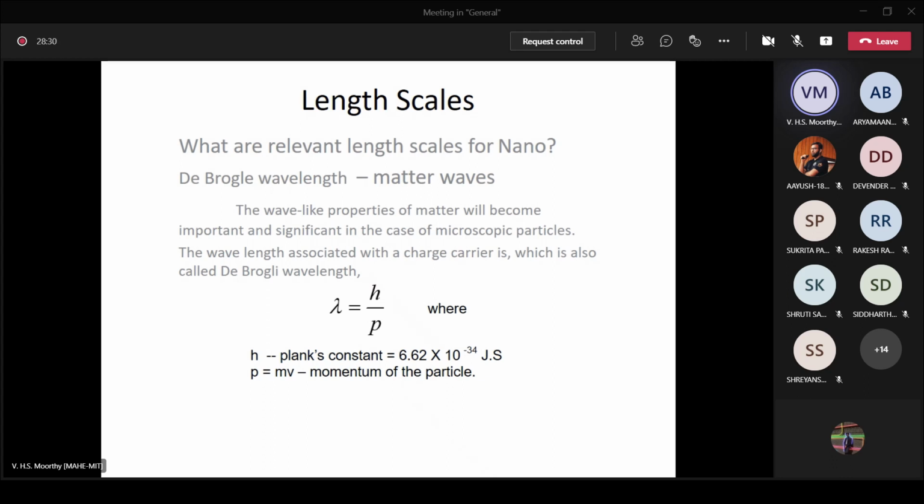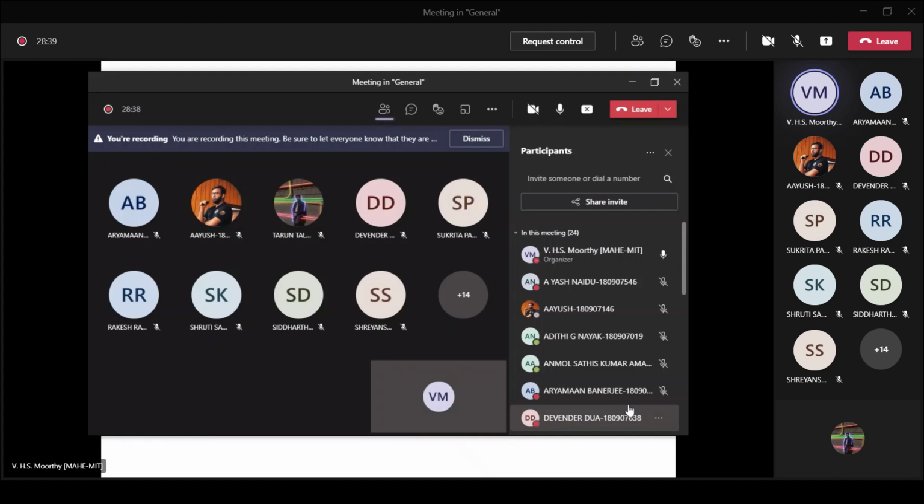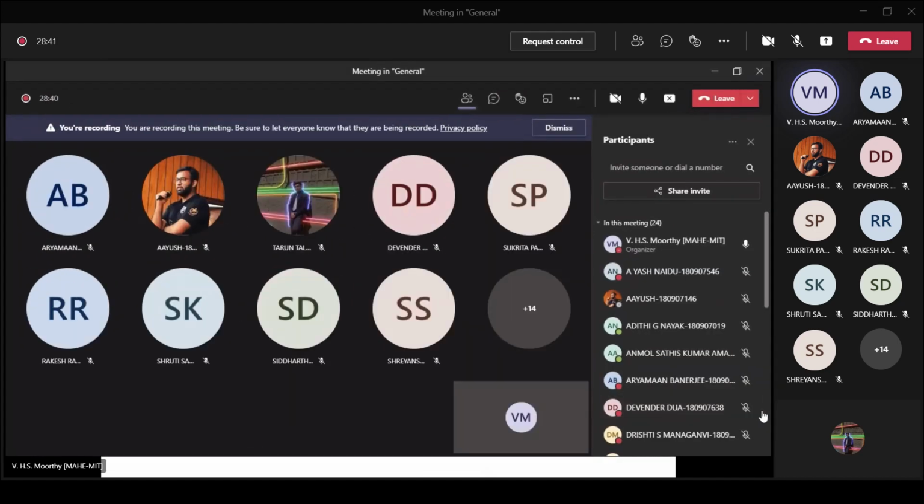If you take silicon, for example, and put some light energy on the semiconductor silicon, the energy given by the light radiation is absorbed by the material, and one electron from the valence band excites into the conduction band.